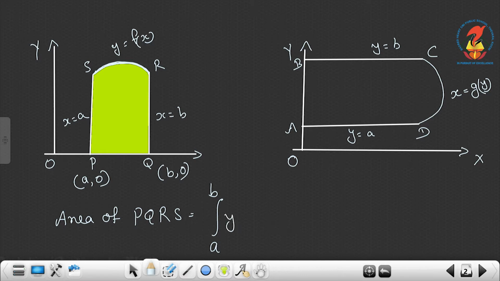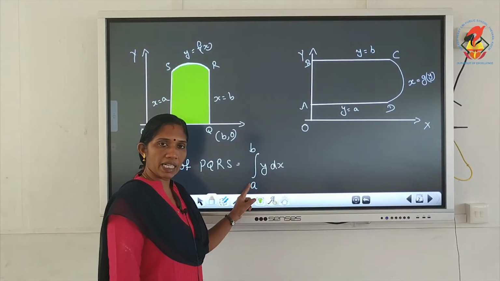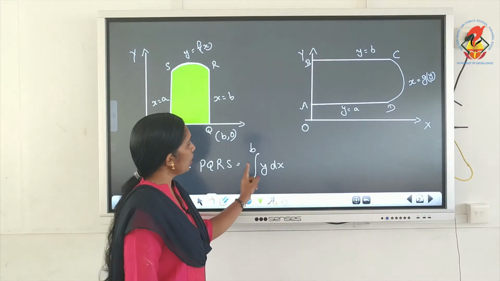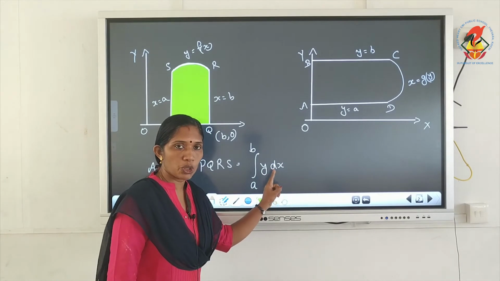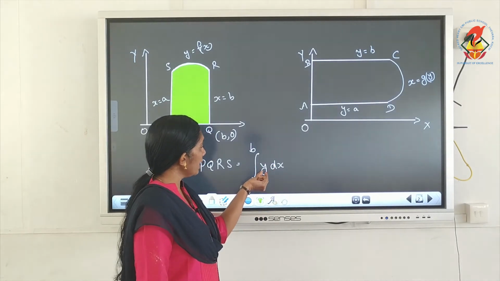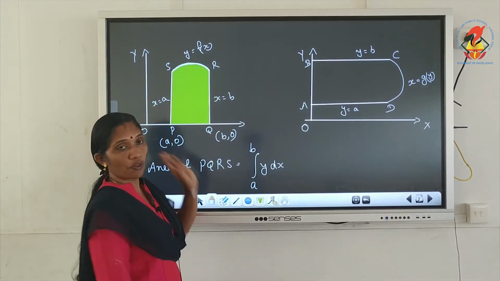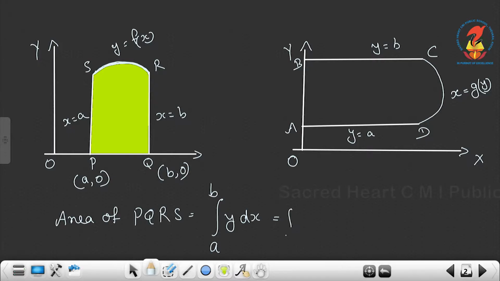Then y dx. Here a and b are x coordinates, so you have to integrate with respect to x. Then y dx, what is y? y is f of x. So this is equal to the integral a to b f of x dx.